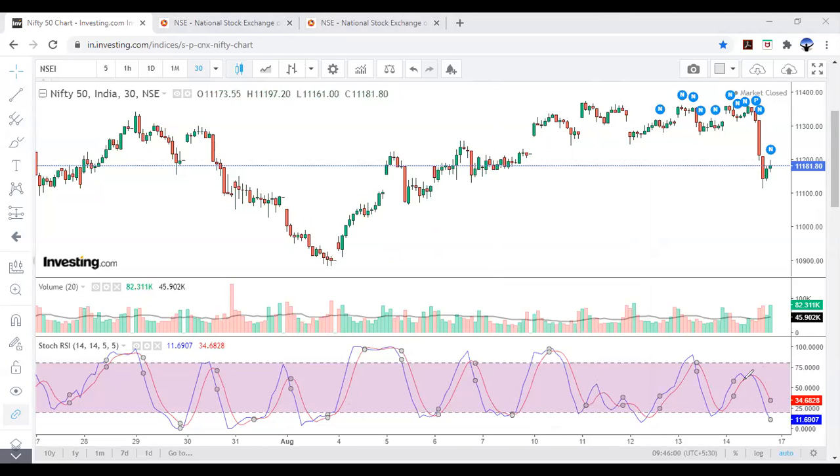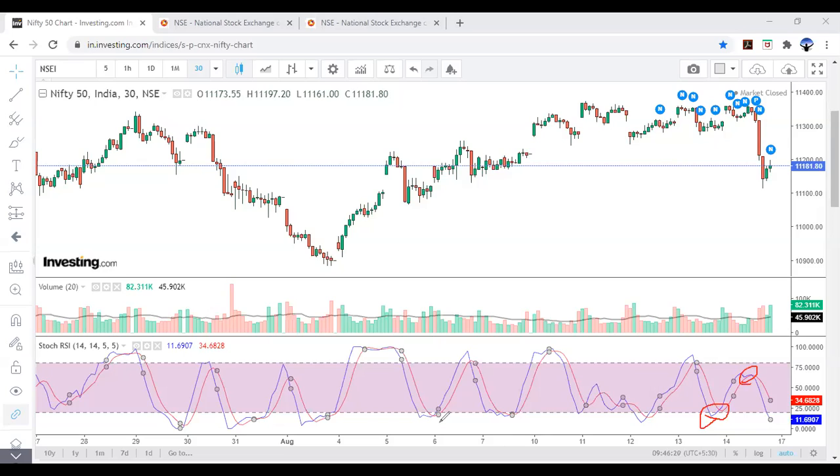Whenever the K line is below the red line, that is a sell signal, and whenever the K line, the blue line, is above the red line, that is a buy signal as per the stochastic RSI.